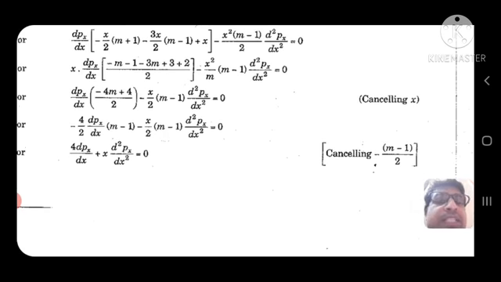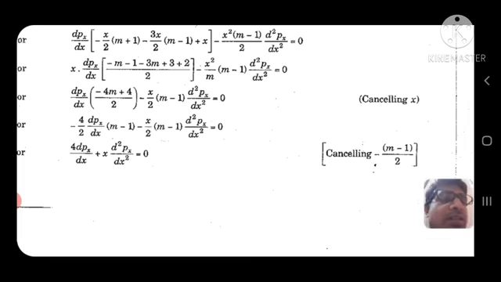dpx by dx is equal to minus x by 2 (m plus 1) minus 3x by 2 (m minus 1) plus x minus x square (m minus 1) by 2 d square px by dx square.